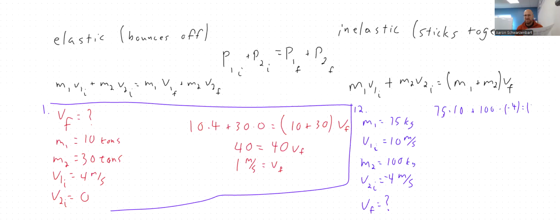I'm running out of space, so I'm just going to add the 75 and the 100 together and call it 175. 75 times 10 is 750 minus 400 is 350 equals 175 times velocity final. Velocity final equals 2 meters per second.